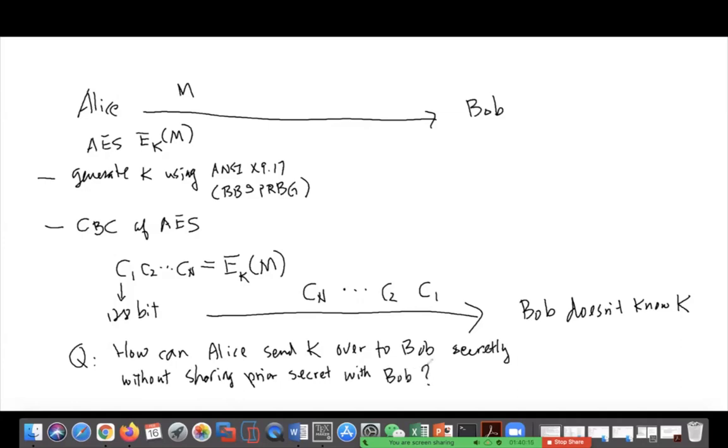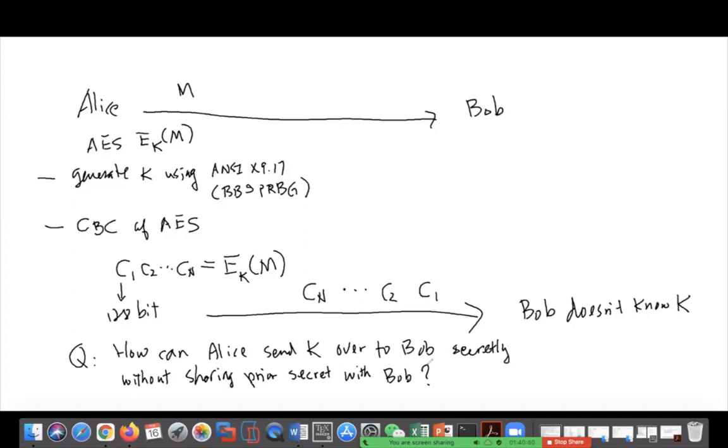Because in network communications, most of the time we need to send messages to strangers whom we don't know. For instance, when we do online shopping, we want to send in our credit card information. We don't want anybody else to see that information, so we need to encrypt it and send it to the merchant on their website.